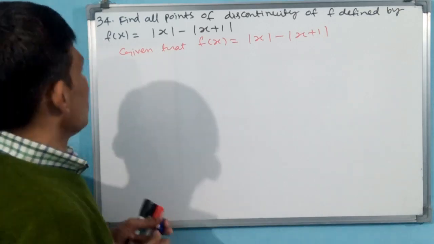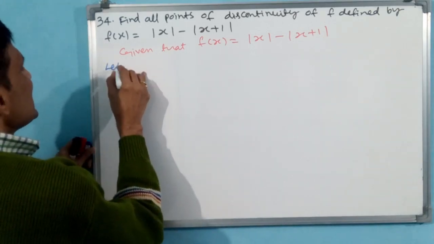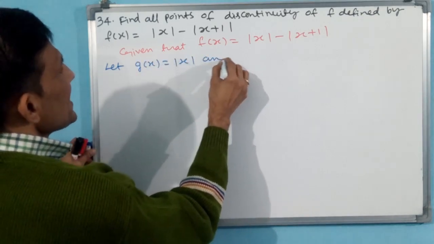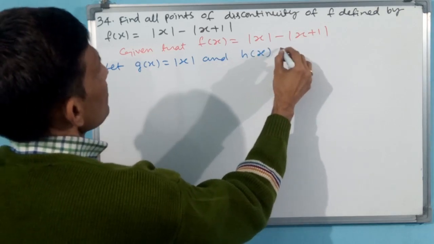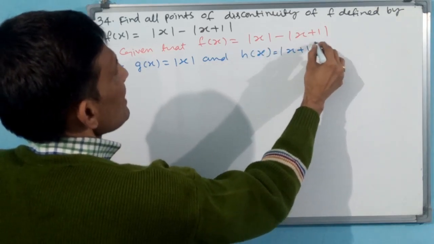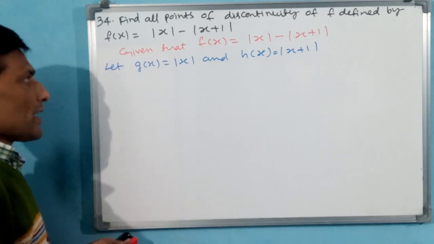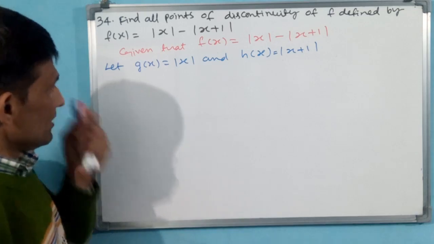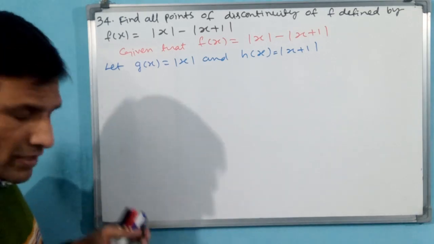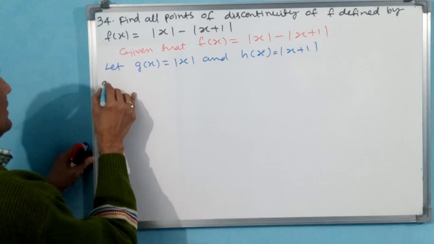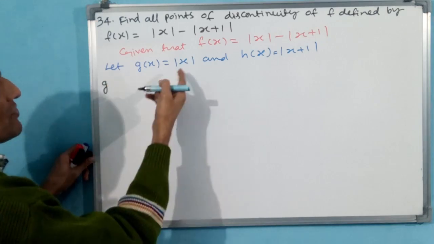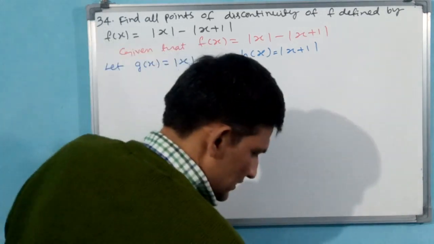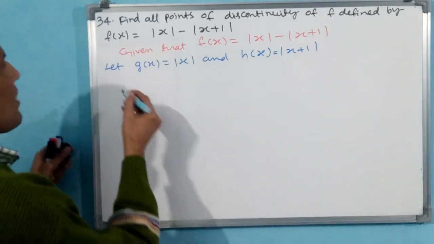Now you write, let g of x is equal to modulus x and h of x is equal to modulus of x plus 1. These two you write. Next, you write g minus h, not g o h. You see, this is not a function of functions.